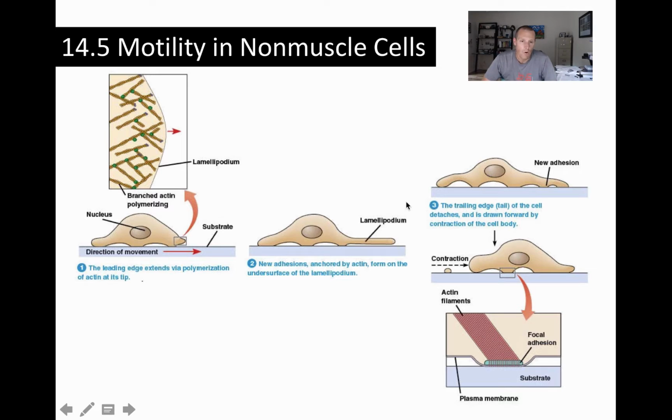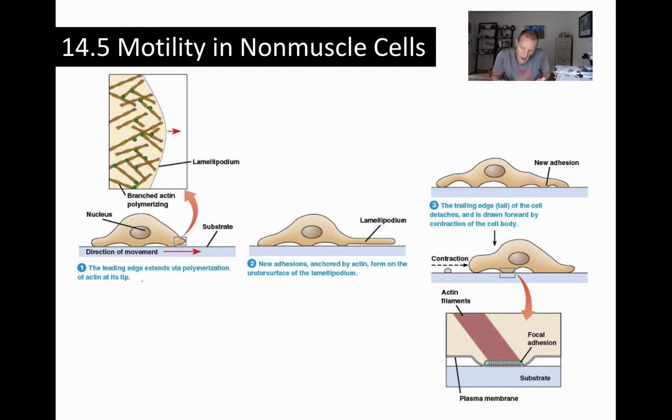So what we've got is this homeostasis of old interactions with the substrate being broken and new interactions being formed. You could think of it as a rolling model, where the front edge is pushed out by the actin polymerization and branching, and the back end is scooched up, and the old contacts are broken and new contacts are made at the front.